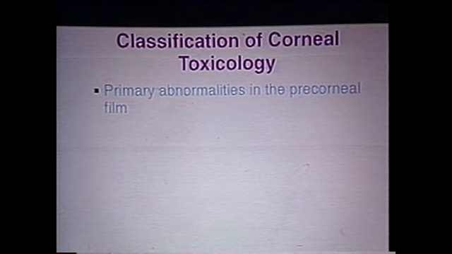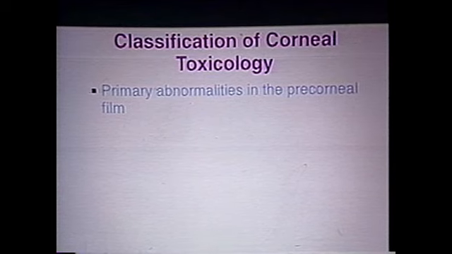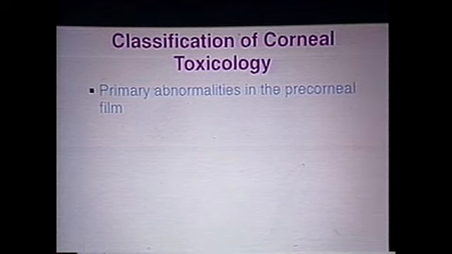Now moving on to toxicological aspects of corneal pathology. The first part I'd like to talk about are the abnormalities that are created as a result of primary abnormalities in the precorneal film.